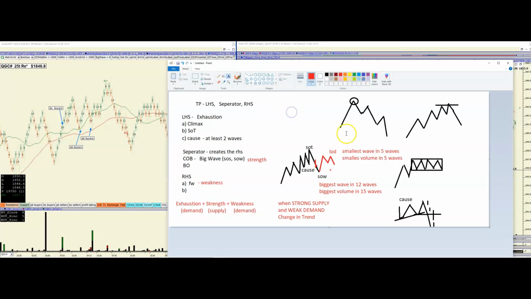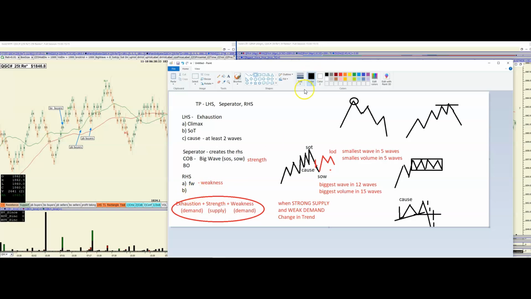And not just any turning point, but this right here that can change trend. You need to link this conceptual formula to the behaviors that you see. If you do that and you have this formula in mind, you'll catch turning points.